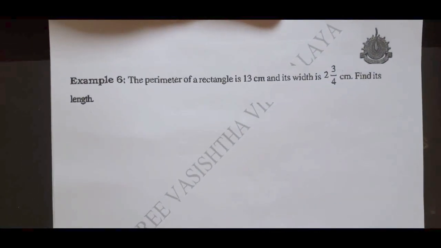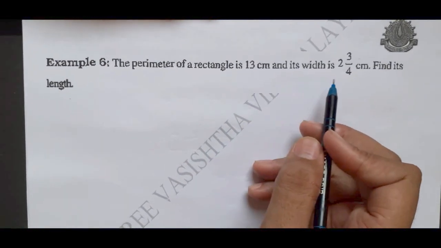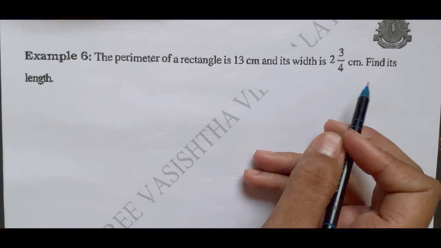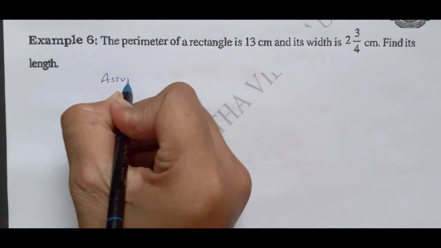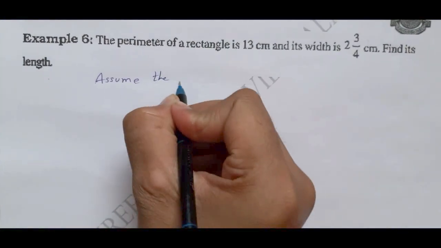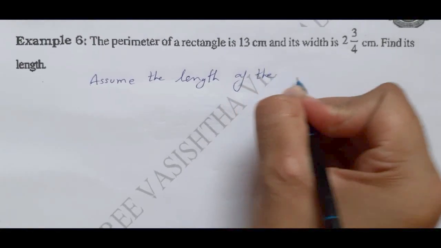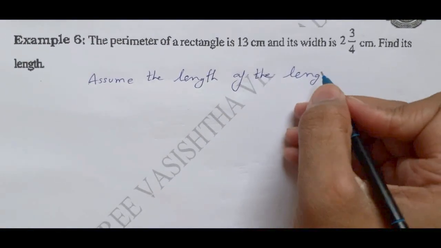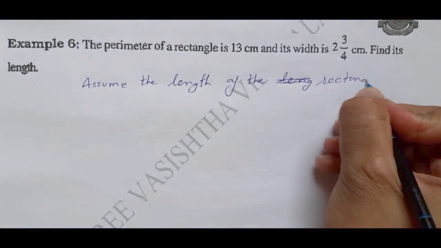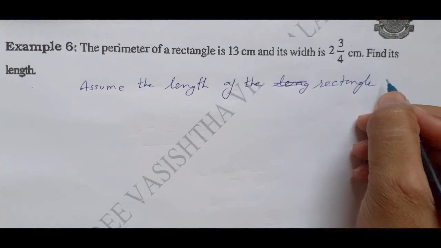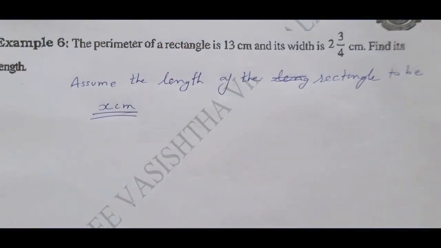Now here the next example: the perimeter of a rectangle is 13 centimeter and its width is 3 by 4 centimeter. Find its length. Now assume the length of the rectangle to be x centimeter.